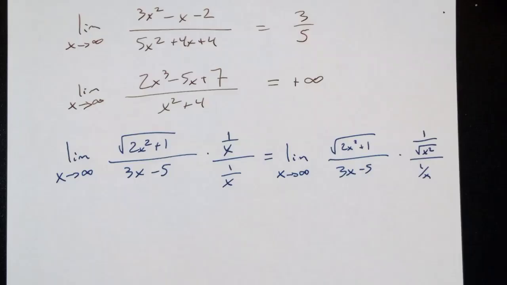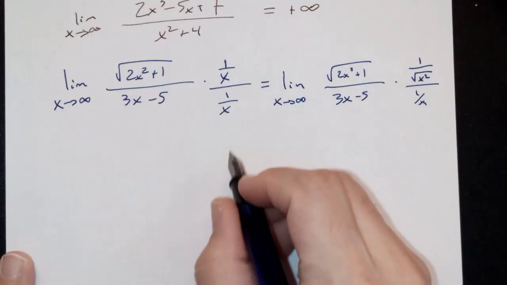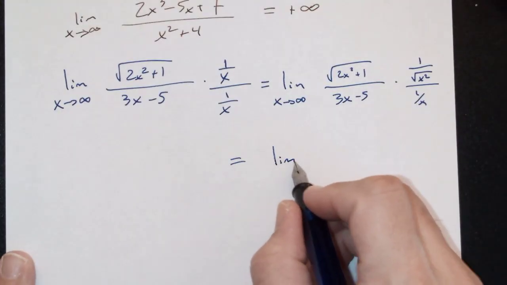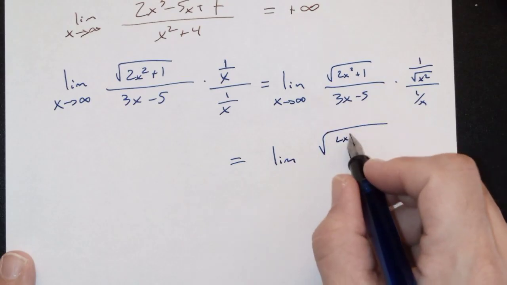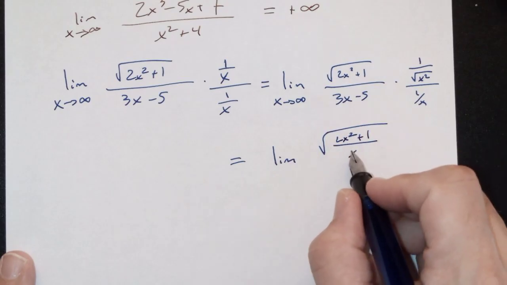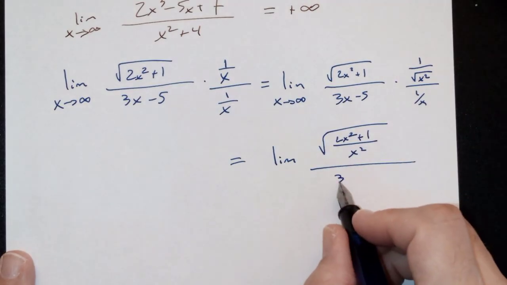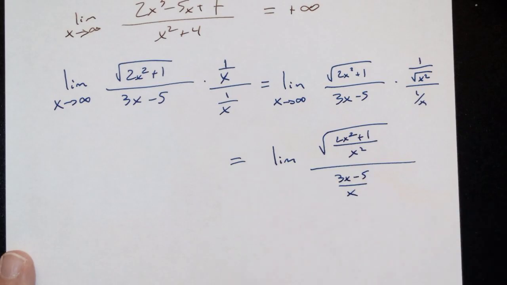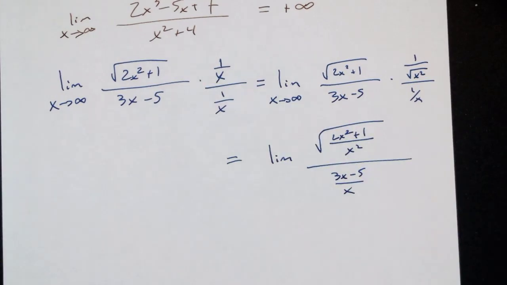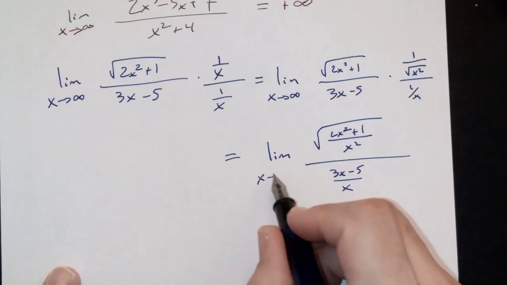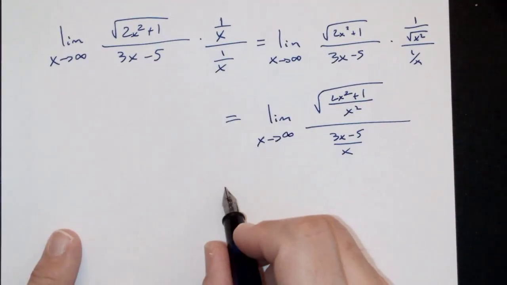Now you may be going, why would you do that? Because when you multiply or divide square roots, you can combine the things under those square roots. So when I multiply on top here, I actually get 2x squared plus 1 over x squared, all under that square root. And now things get nicer.